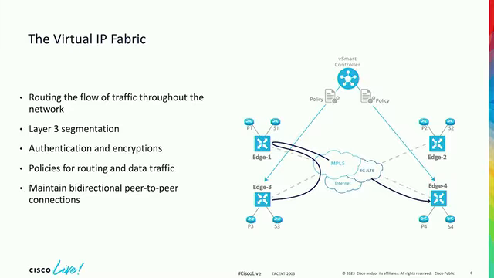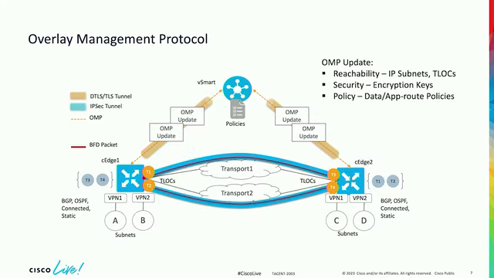Now, how do we achieve this? We have OMP. We're going to see this in detail with the show commands, but basically the idea with OMP is this: we have our two routers, two different sites. We have our TLOC, our transport locator, the interface that is in charge of creating the BFD tunnels and the control connections. In this particular case, you have two ISPs, which means you have two TLOCs.